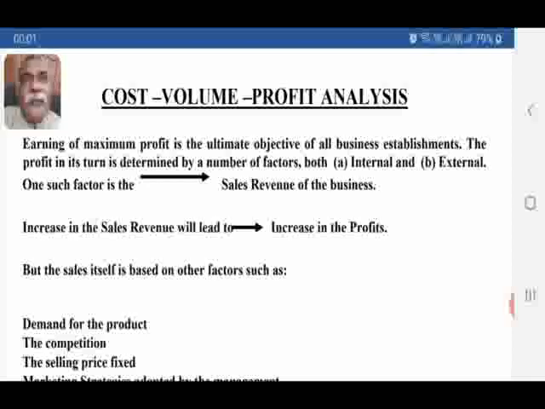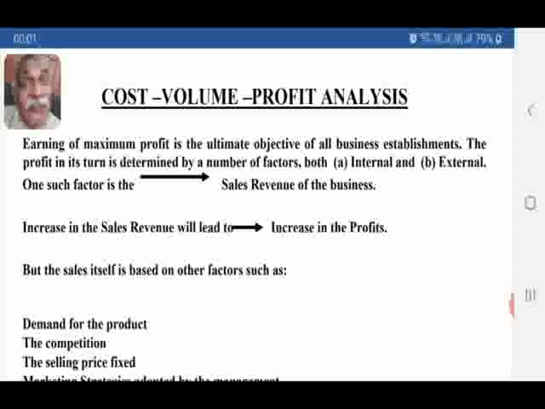So profit of the organization is determined by a number of factors. It's internal as well as external. One such factor is the sales revenue of the business.